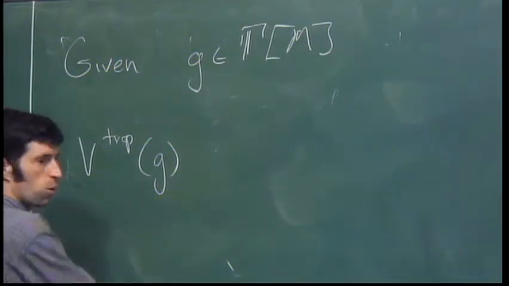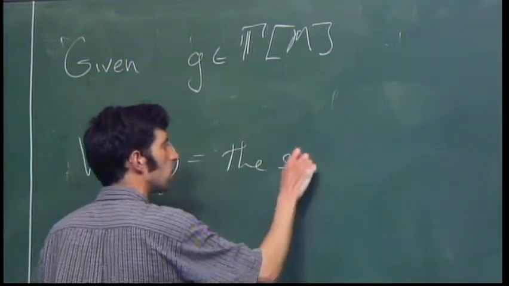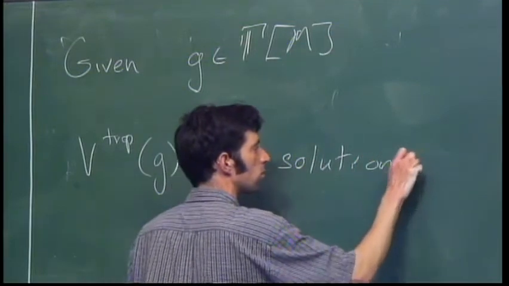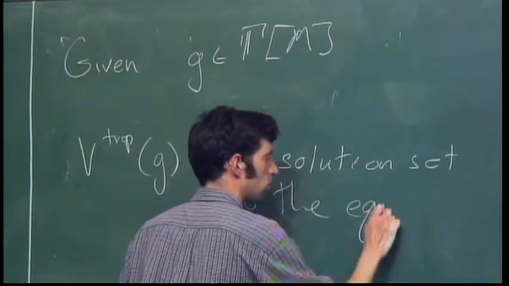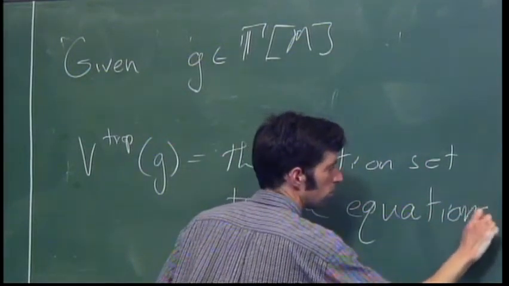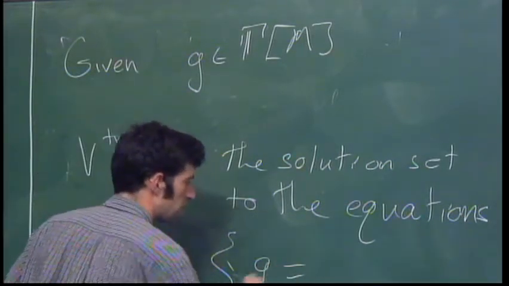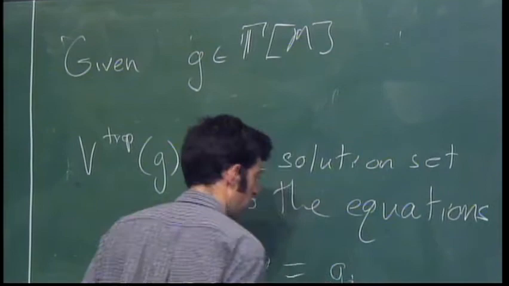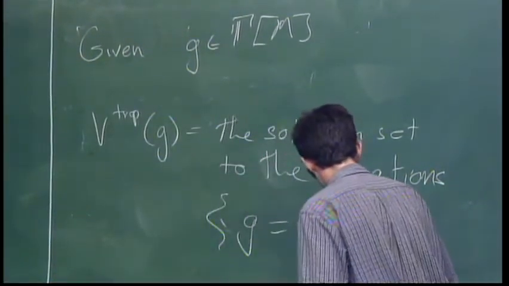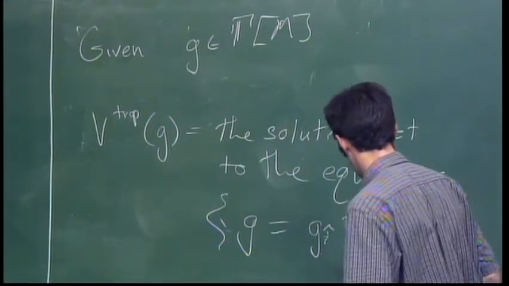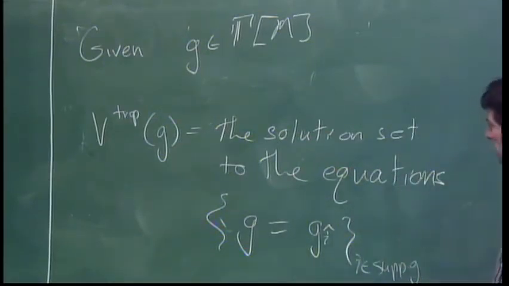By this observation over on my left here, this is the solution set to the system of equations G is equal to G sub i hat, as i varies over all the elements in what I'll call the support of G. So let me define this for you.